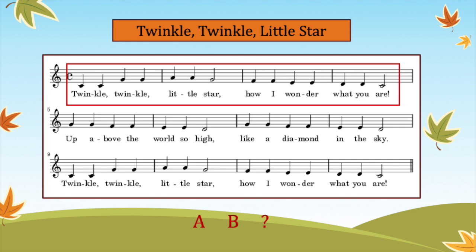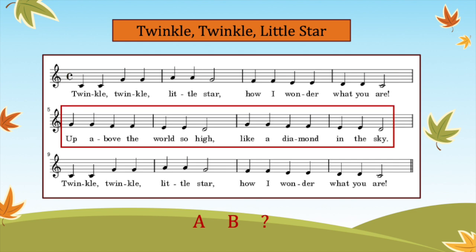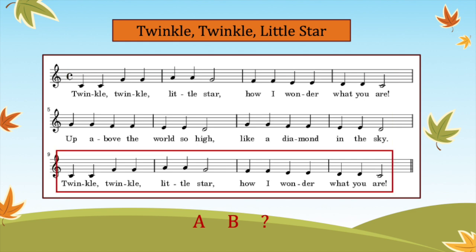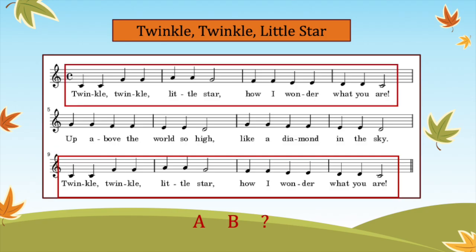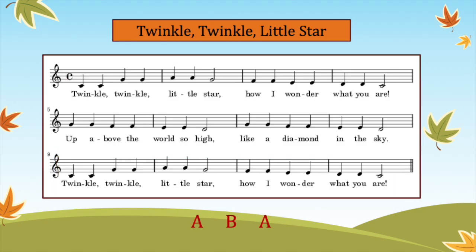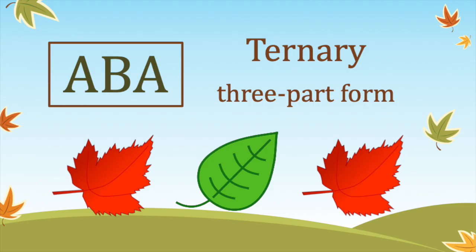Here's the first pattern and the second one. As you can see, the third and final pattern is identical with the first pattern. So it will get the same letter as the first, so it too will get the letter A. So the form of Twinkle, Twinkle, Little Star is A, B, A. The form ABA is called ternary.